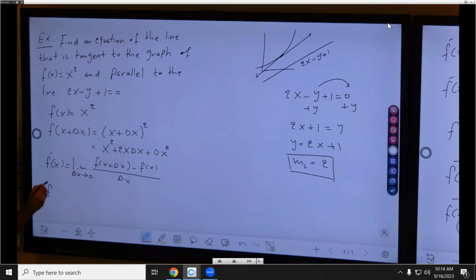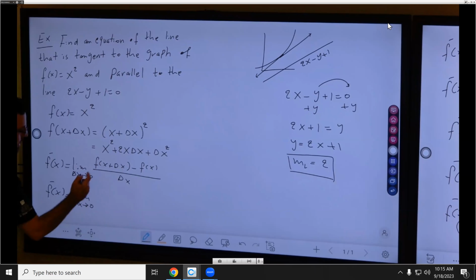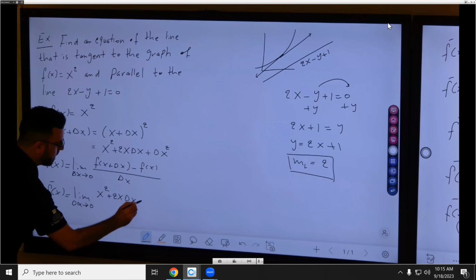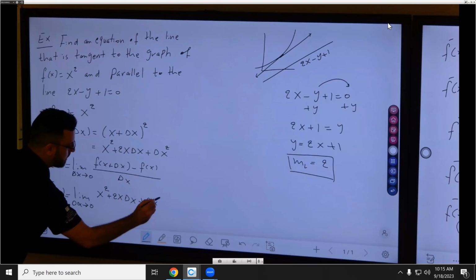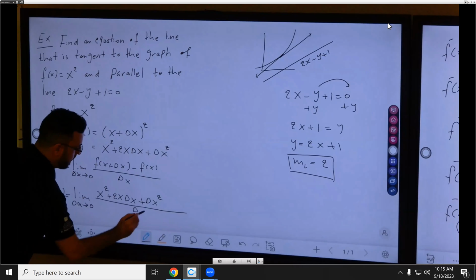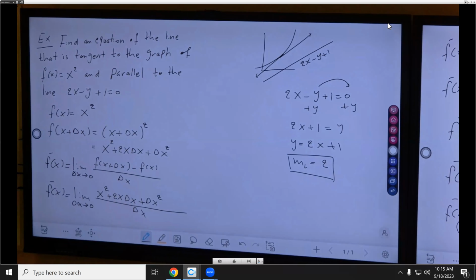That means the slope is going to be the limit as delta x approaches 0 of x squared plus 2x delta x plus delta x squared over delta x minus what?